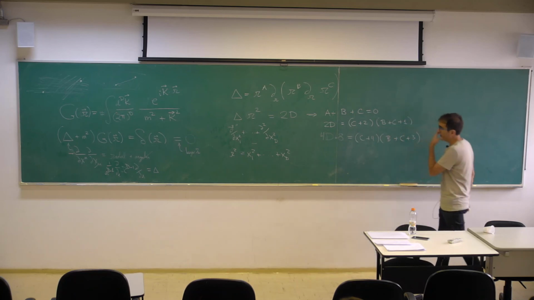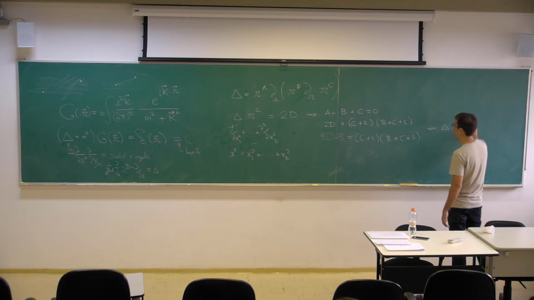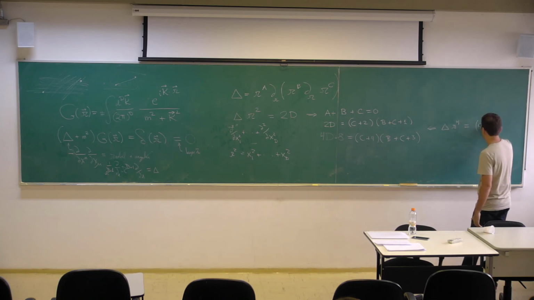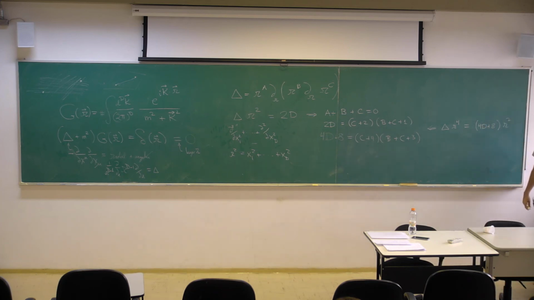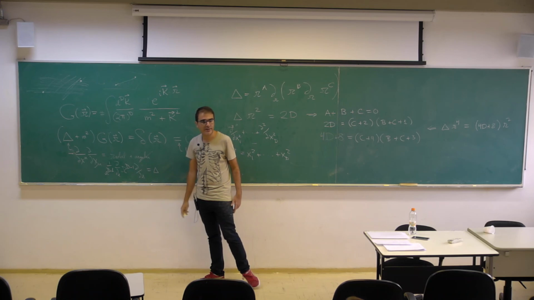And this equation would be from the condition that the Laplacian acting on r to the 4 equals the correct thing, that should be 4d plus 8 times r squared. It's very trivial to immediately realize. And if you have these three equations, this fixes the Laplacian to be this particular one.